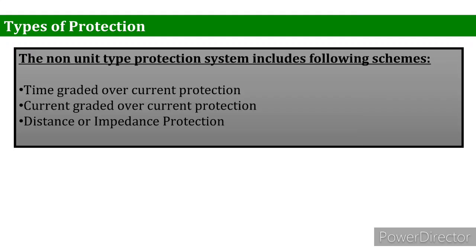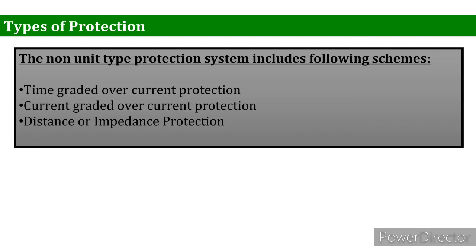If we divide the non-unit type protection system, we can say it is divided into three major schemes. Number one is the time graded overcurrent protection. Number two is current graded overcurrent protection. And number three is distance or impedance based protection.